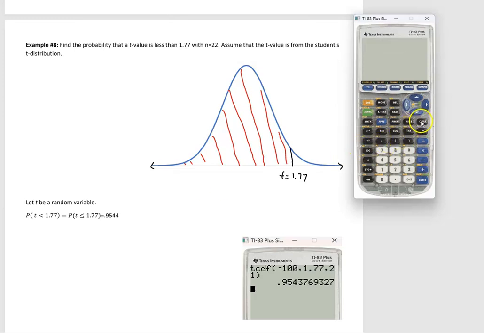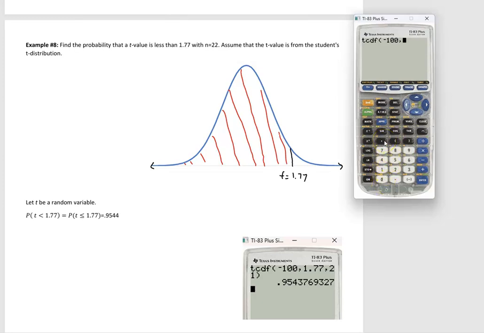And then in your calculator, we're going to have to trick it, because the calculator is evaluating formulas. Since this statement says less than, you couldn't really put 0, because for the distribution, 0 is here. What we're going to do is just put a very large negative value. I'll just put a negative 100.